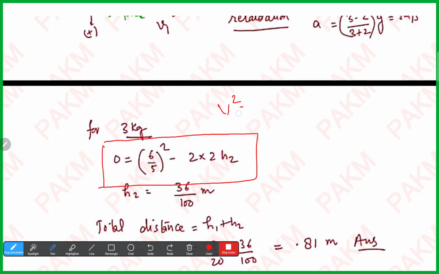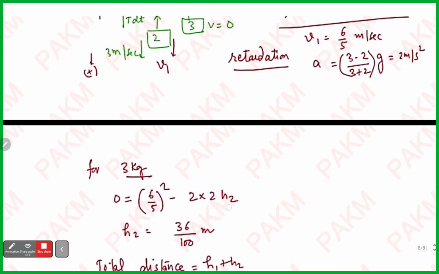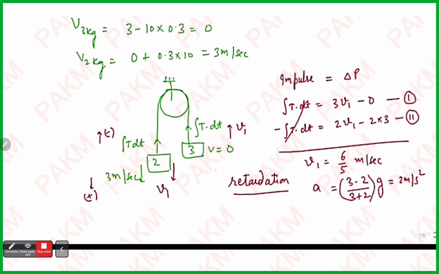V squared is equal to u squared minus 2as. Fine. So s, that is h2. Acceleration we have calculated. Initial velocity we have already calculated.